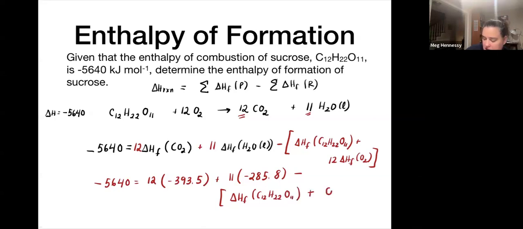And the delta H of formation of oxygen is just 0. It's an element in its standard state. So I did the algebra earlier today, and let's just hope that I didn't mess it up. I got that the delta H of formation is minus 2222.5 kilojoules per mole. And with such a cool number, I can't believe it's not right.